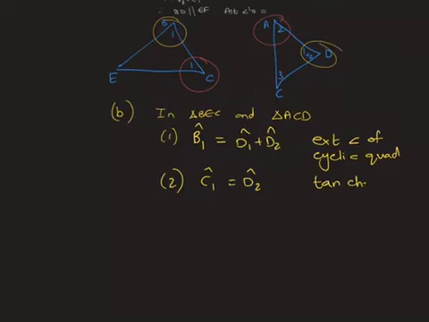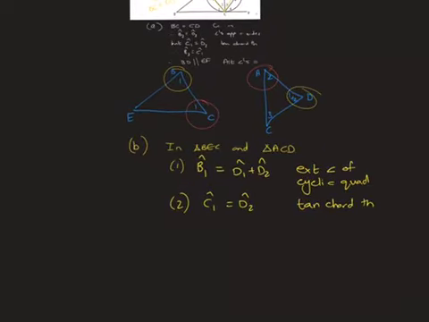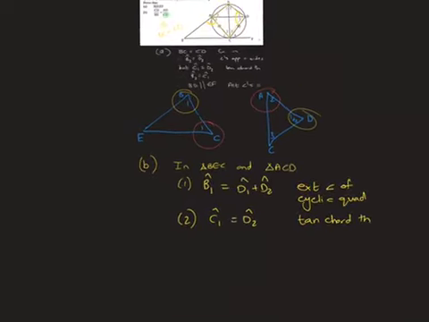by tan chord theorem. Okay, so you can hopefully follow on the notes. I don't want to make this too small. So tan chord theorem, but C4 is equal to D2 because of alt angles, because we proved that BD is parallel to EF, so now it's part of the reason.